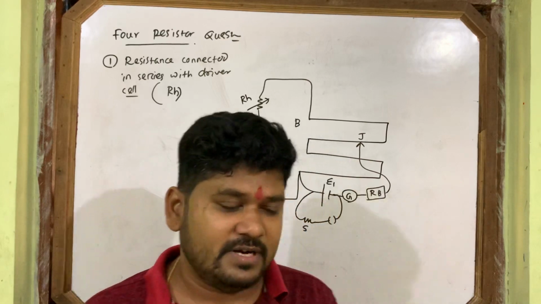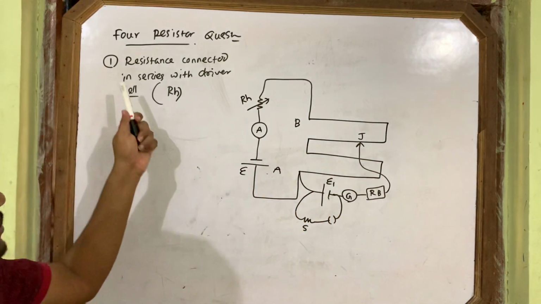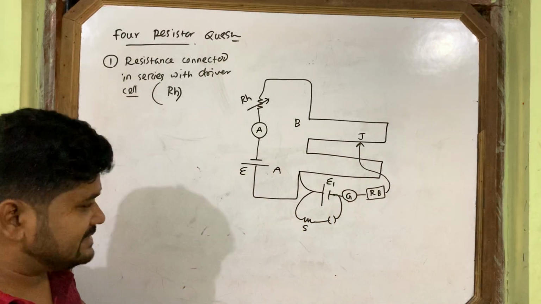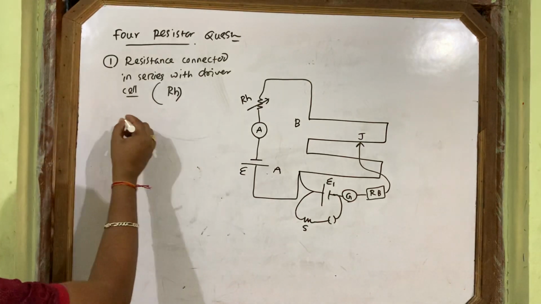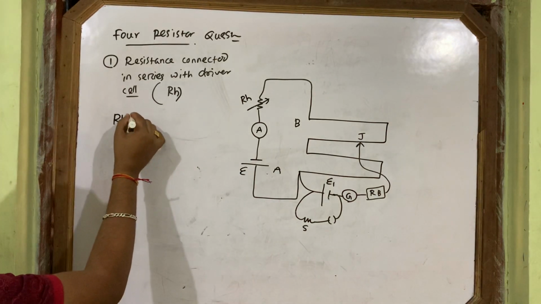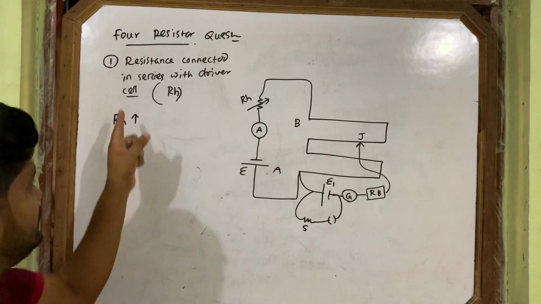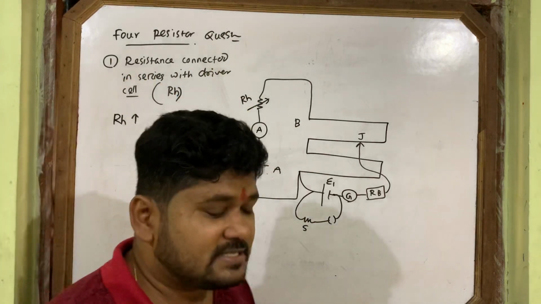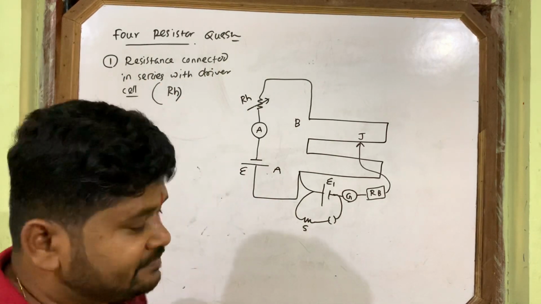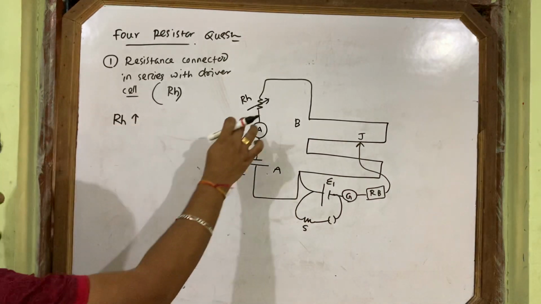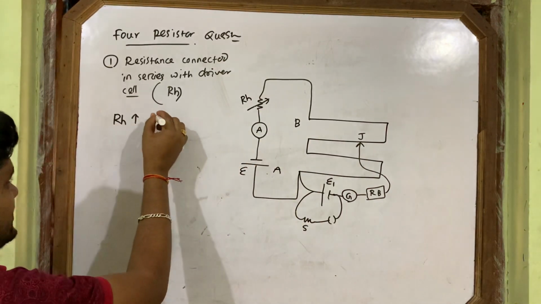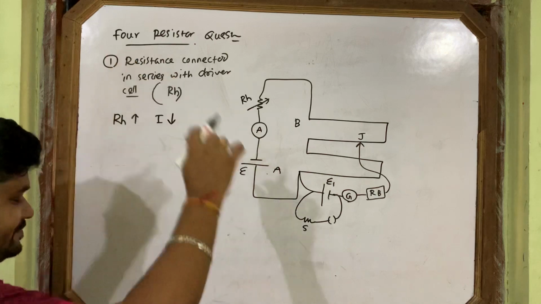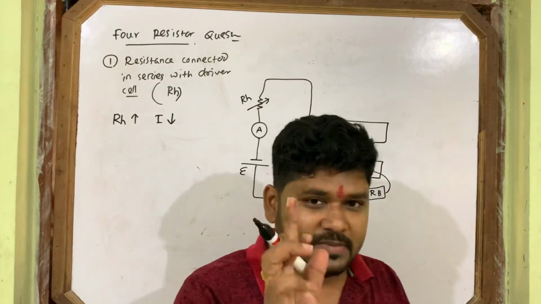Understand? So now let's come to the point. If this resistance increases, let's discuss. This resistance is the rheostat in my language, but in the book it may be written as resistance connected in series with the driver cell. If this resistance increases, the current in the circuit decreases, according to formula number 1.